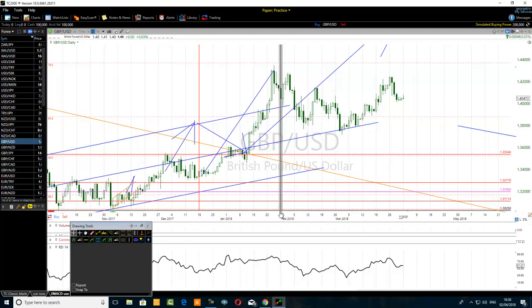So from mid-December up to the beginning of February, the British pound was also going up like the euro dollar. After that, the British pound US dollar was also slowing down, but the similarity is not perfect.